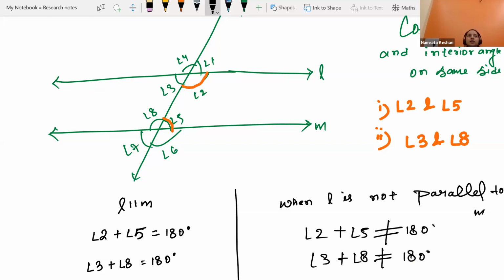So whenever we say interior angles on the same side, that doesn't mean we are talking about parallel lines. If the sum is 180 degrees, then it's parallel. If the sum is not 180 degrees, then the lines are not parallel. We are just having two random lines and a random transversal. Is it clear so far? Yes, ma'am.